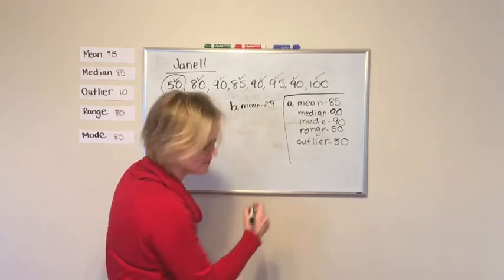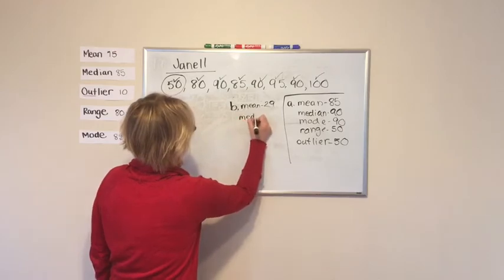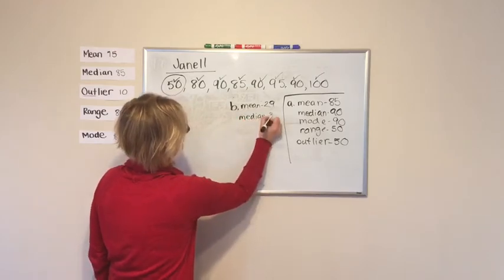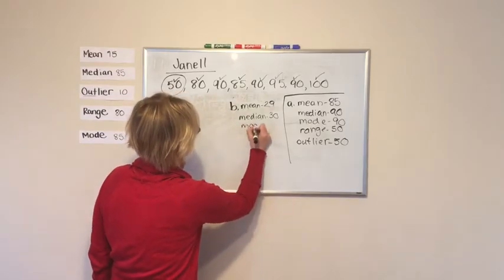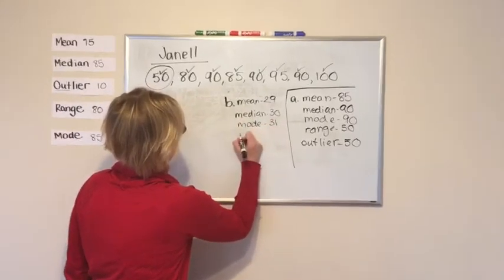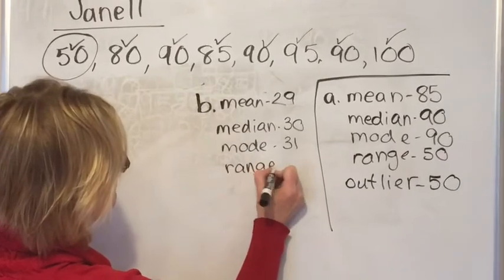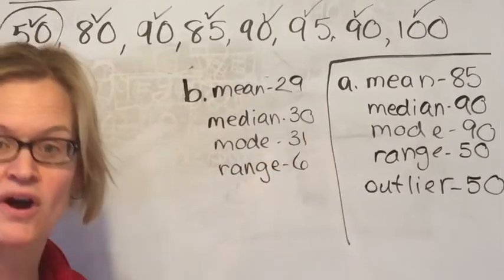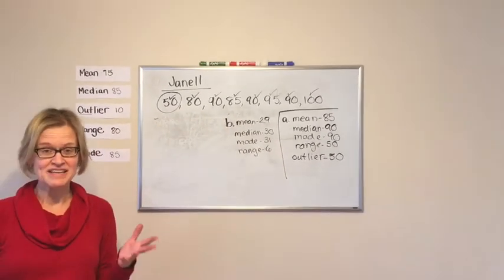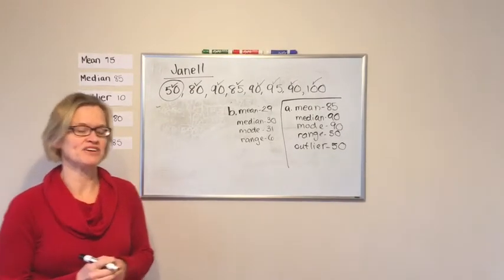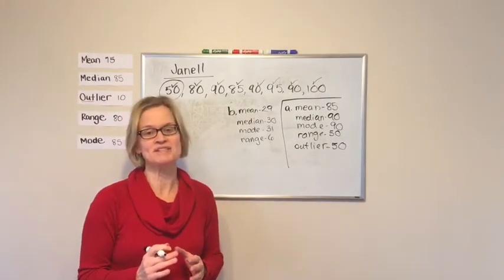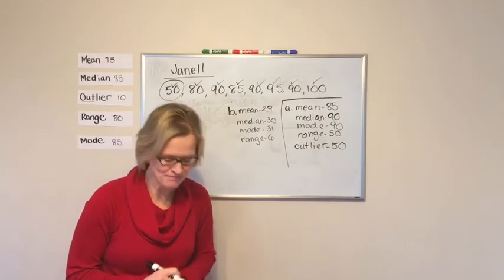Your median should have been 30. Mode 31. And range, your answer should be 6. Hopefully you got that all right. If you didn't, go back and check it. And when we have our check-in time, you can always ask me about that, okay?